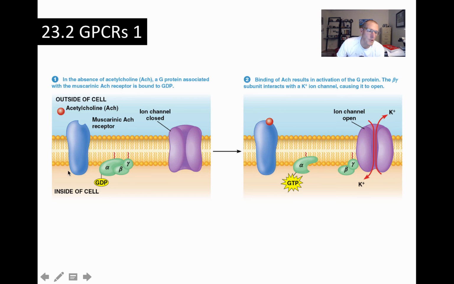So that's an example of a G protein coupled receptor binding its ligand, alpha switching out GDP for GTP, and beta gamma going and doing something. Usually we focus on alpha, but this is one example where beta gamma is doing something.